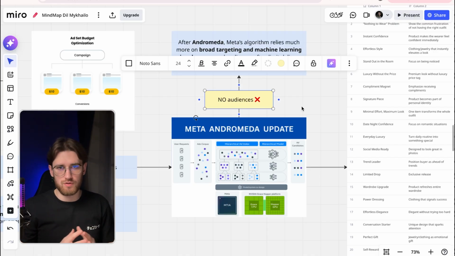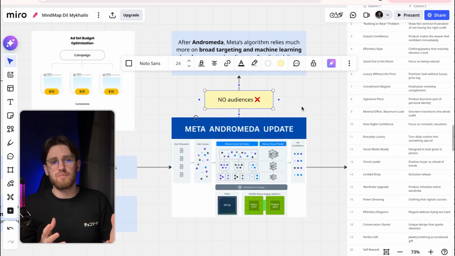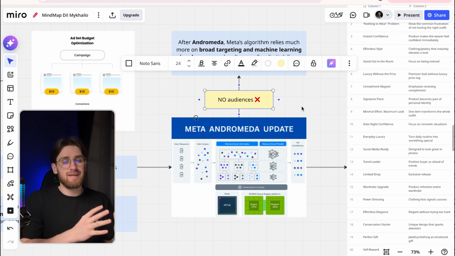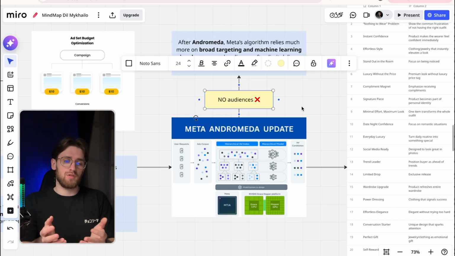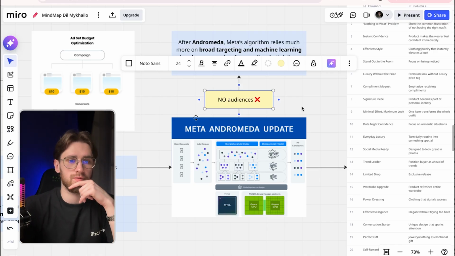So you don't need to do it, because then CPC will be higher, then cost per sale will be higher. So you will cut off this campaign because it will be unprofitable, and Meta can't find your potential customers because you already picked the wrong audiences.